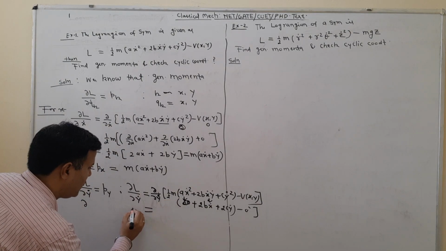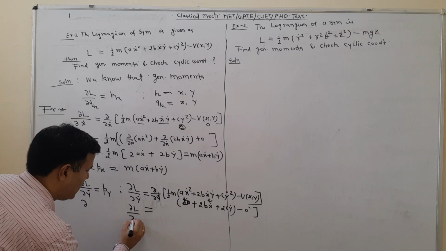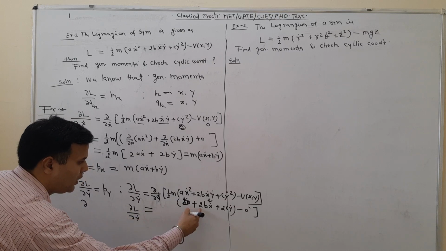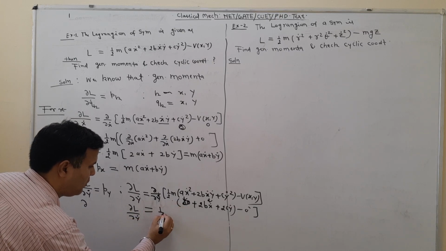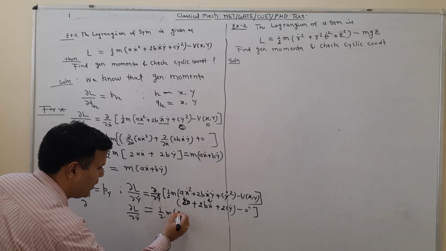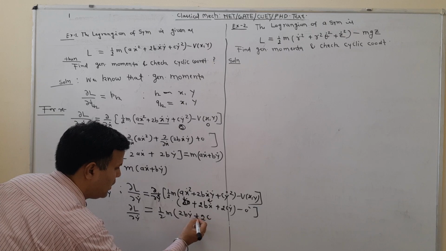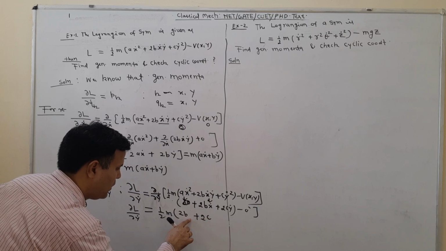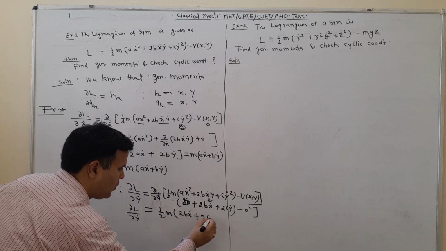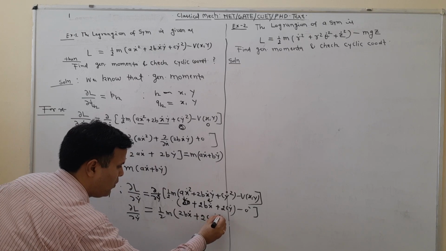So what we have, simply del L upon del y dot, is simply this 1 by 2m times 2b x dot plus 2c y dot.